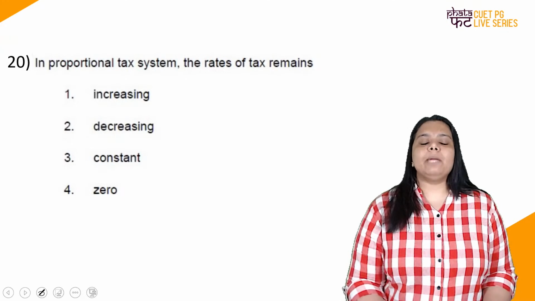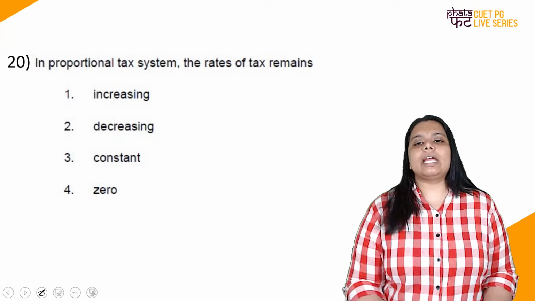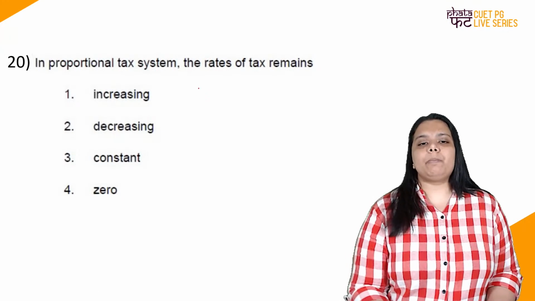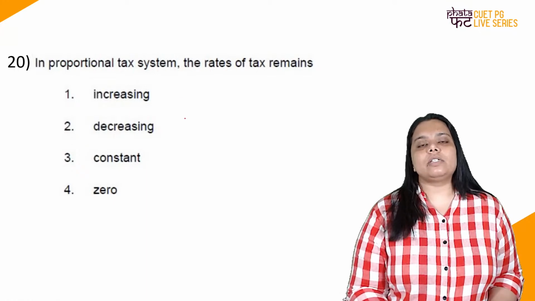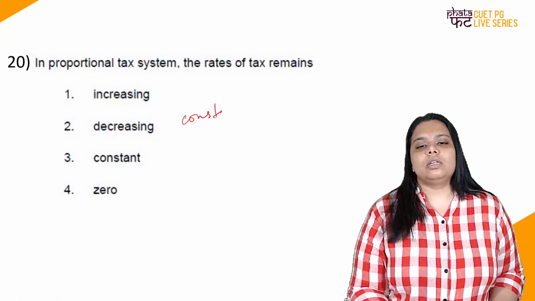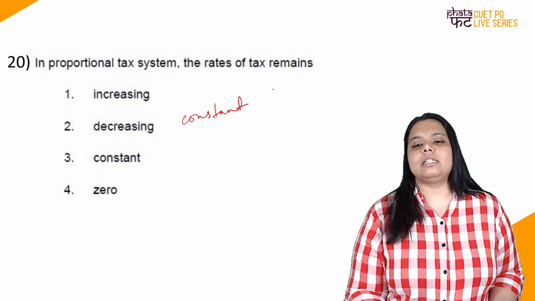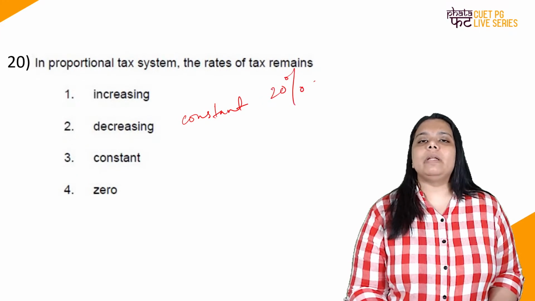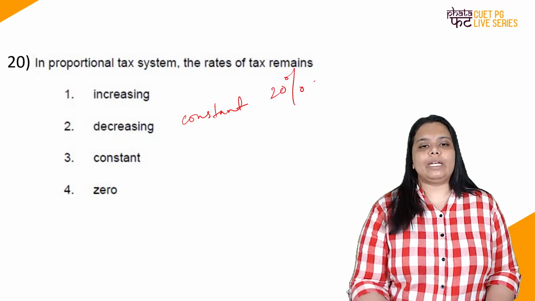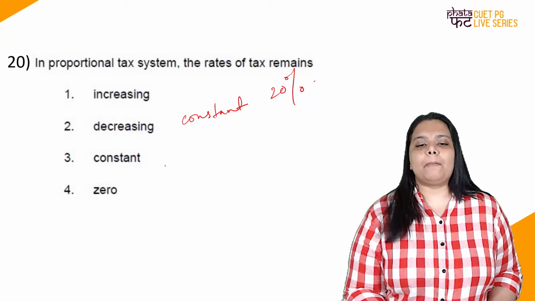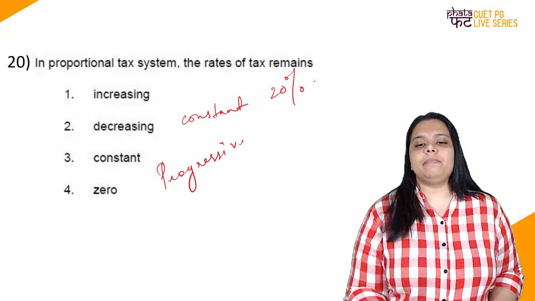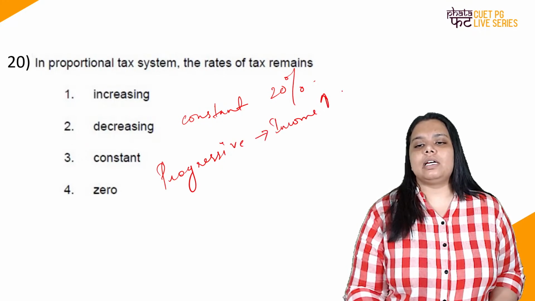Question number 20. In a proportional tax system, the rate of tax remains. A proportional tax system means that the rate of tax will be constant. Let's say the tax rate is 20%. Whatever your income, the rate will be 20%. Whereas in a progressive tax system, as income increases, tax also increases.